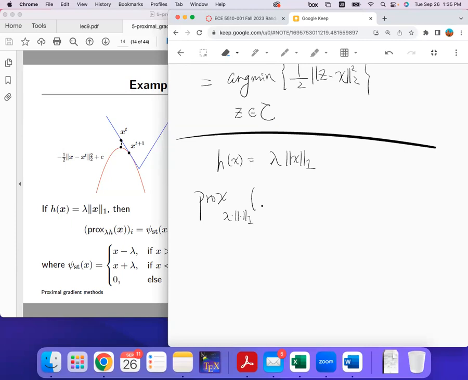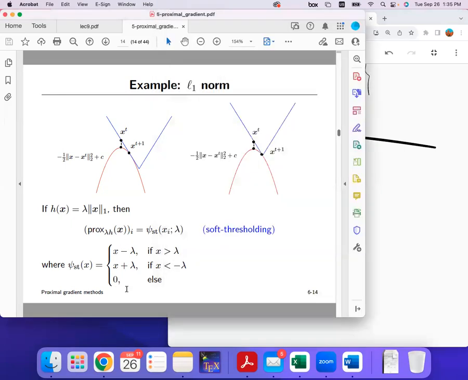will map every point in this way. If you look at the definition, this is an entry-wise operator.